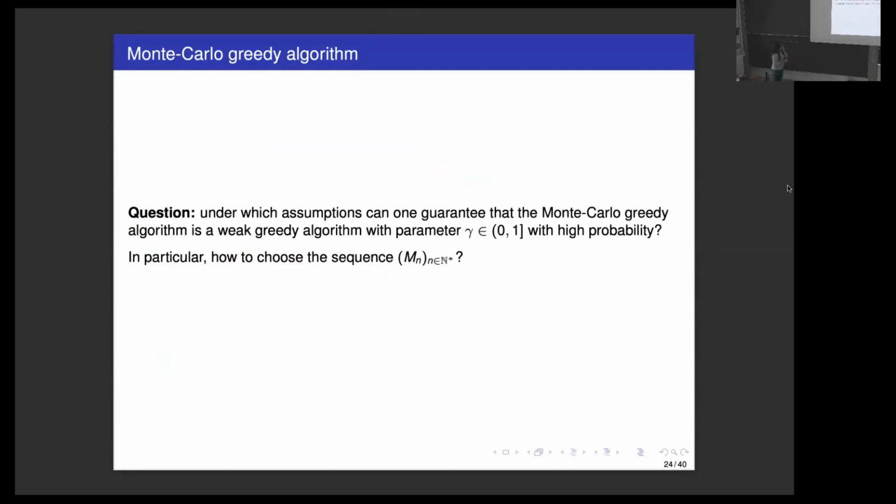Now the following natural question arises: under which assumptions can we guarantee that this Monte-Carlo greedy algorithm still qualifies as a weak greedy algorithm associated to some parameter gamma between 0 and 1 with high probability? In particular, how should we choose the number of samples used at each iteration of the greedy algorithm so as to guarantee such a property, at least theoretically?